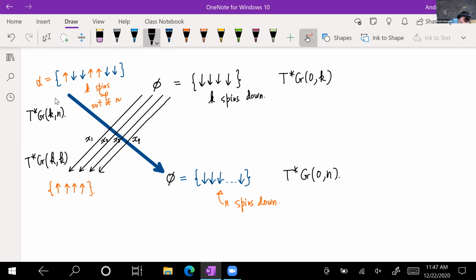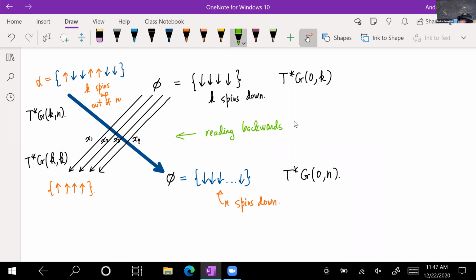And so if we read this diagram backwards, what we see here is that we're trying to destroy the state labeled alpha, but instead we can read backwards and think about creating a state.